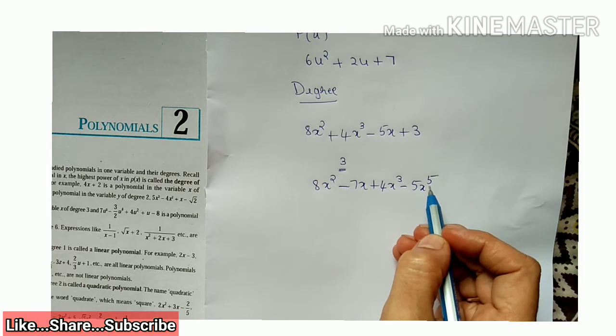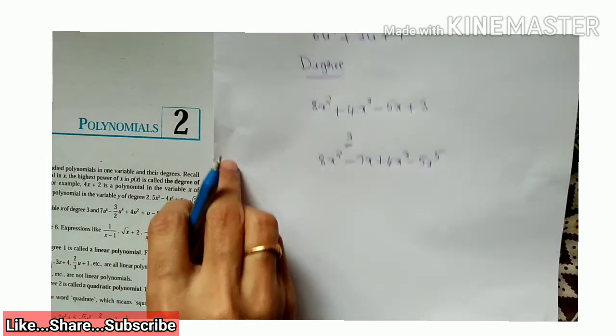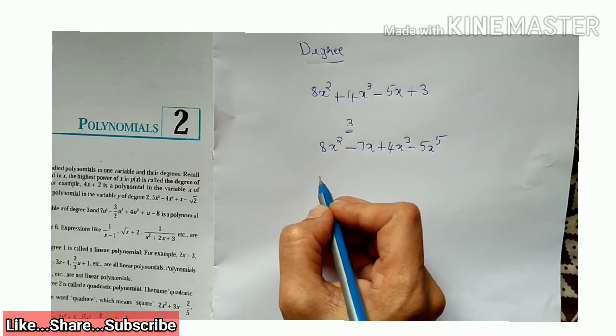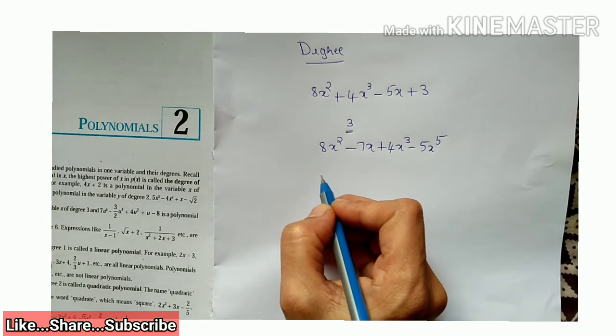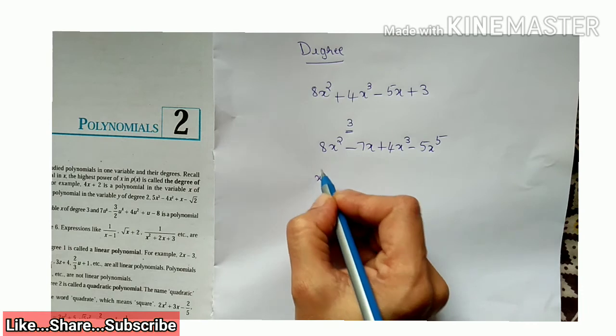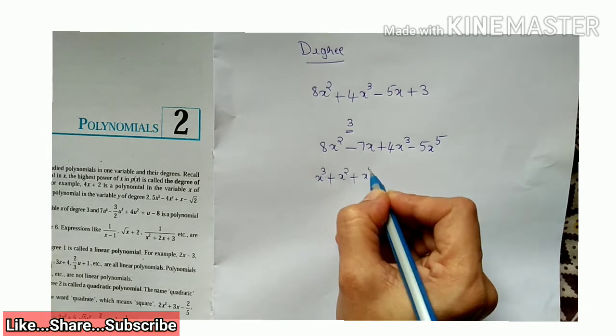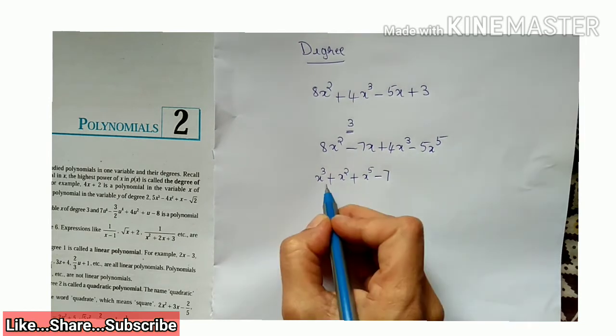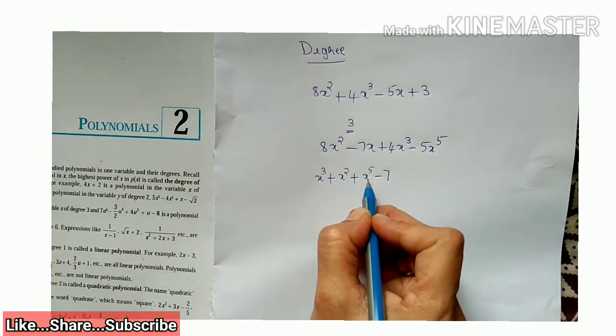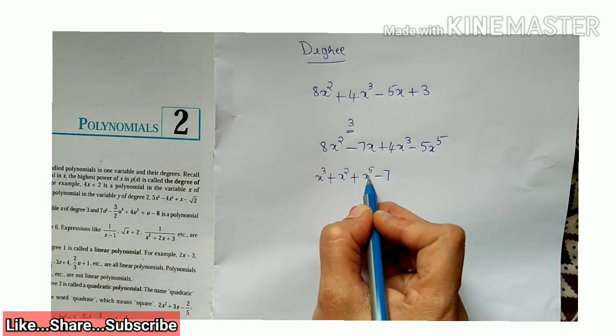Therefore degree is 5. Next example, what is the degree of the polynomial x cube plus x square plus x to the power 5 minus 7? Here also degree is 5. Highest power of x is 5. Therefore degree is 5.